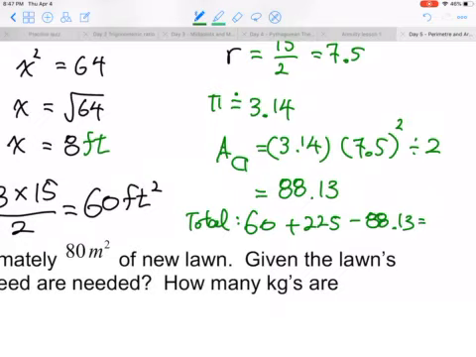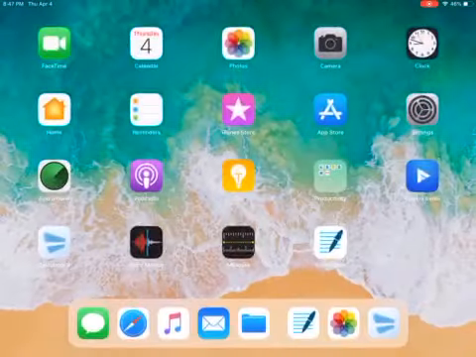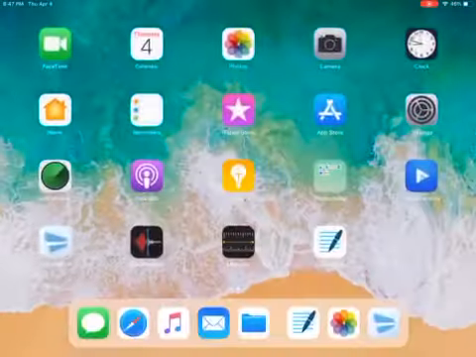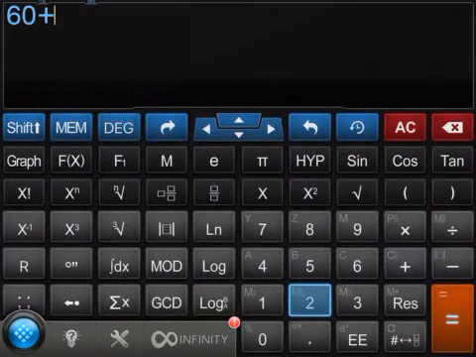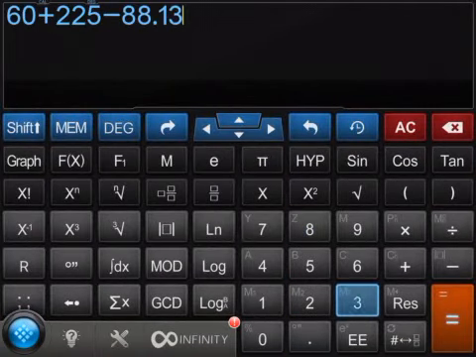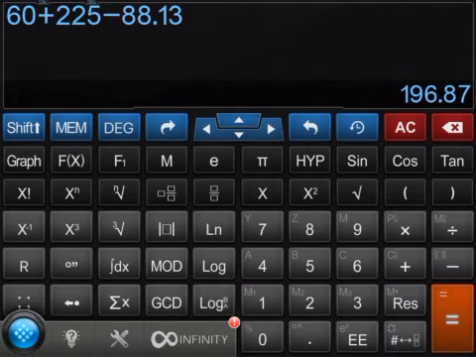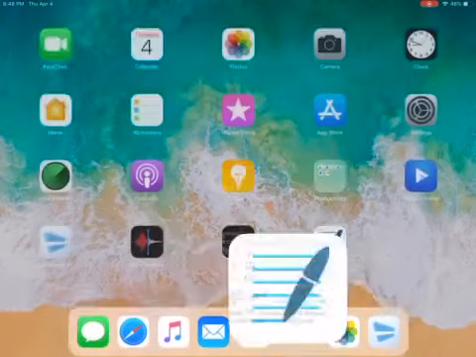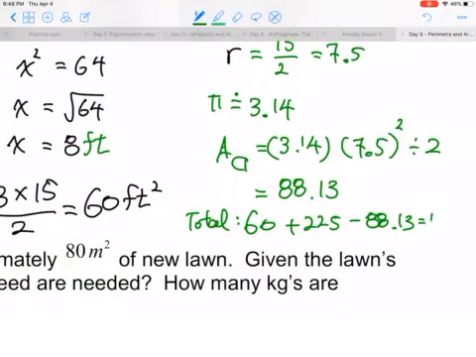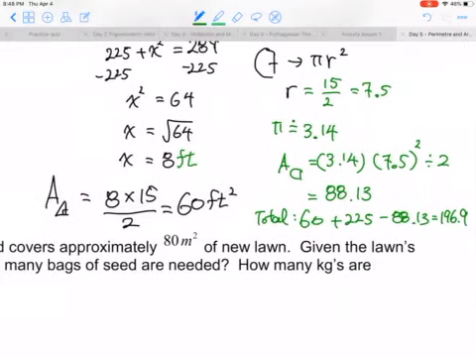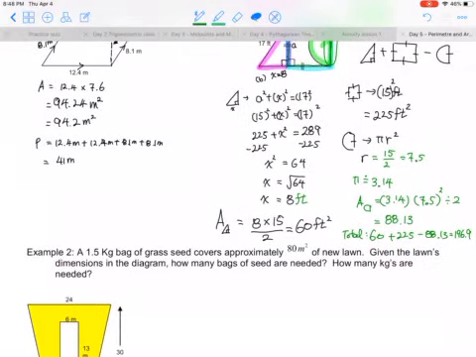And that gives me 196.87. I'm going to round it to 197. So that is pretty much it for the area.